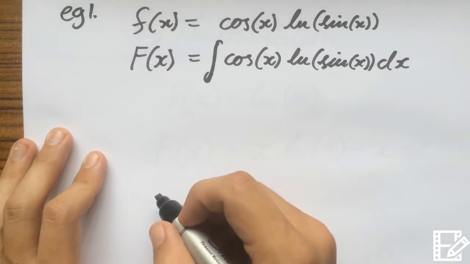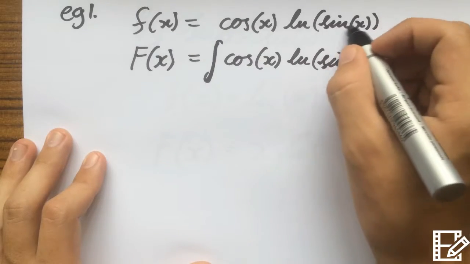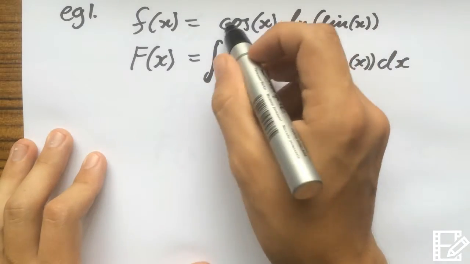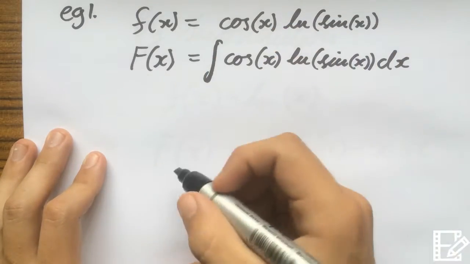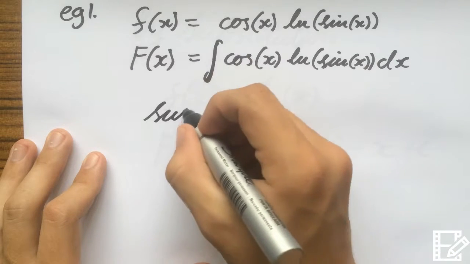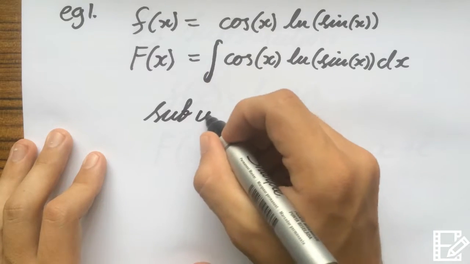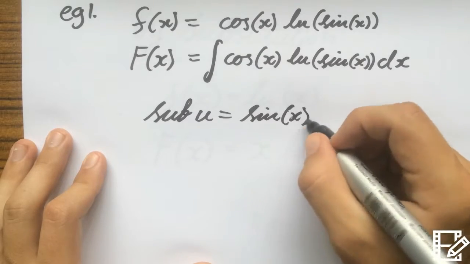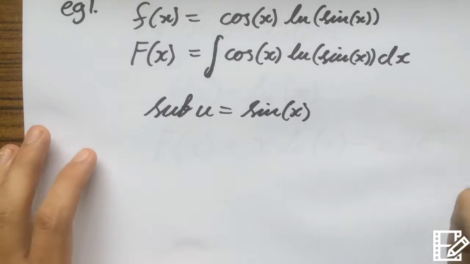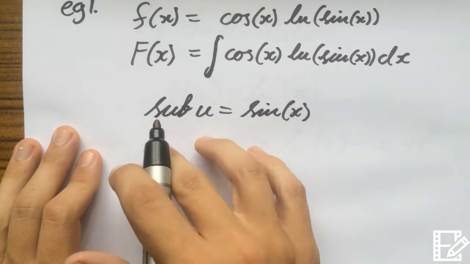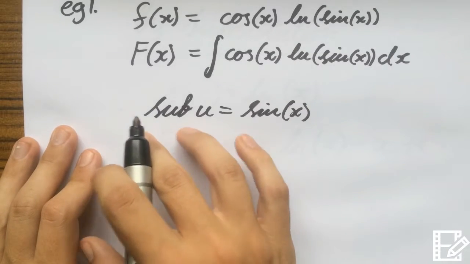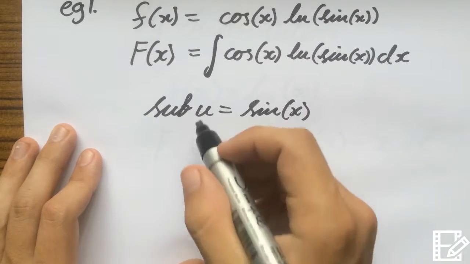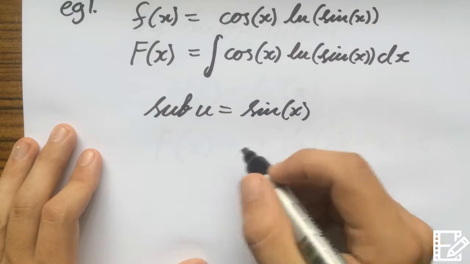Now we've got to pick something to sub. We suggested that if we derive sine x, we get something to help eliminate cos x. Therefore, that's what we're going to sub. Sub u in for sine x. If you're not understanding quite yet, just follow along. This is why it's called substitution, because you're subbing in something for another thing. So we're going to sub in u for the sine x.